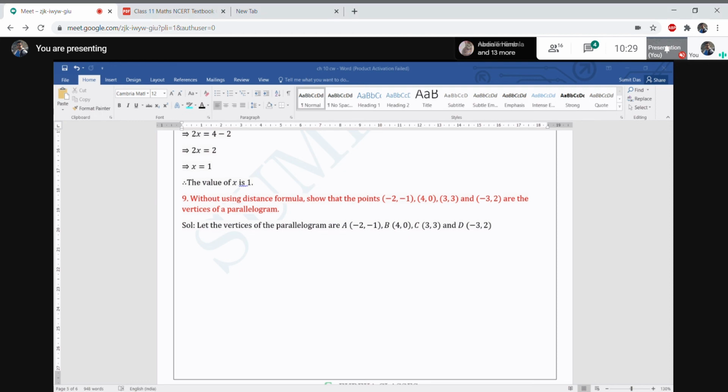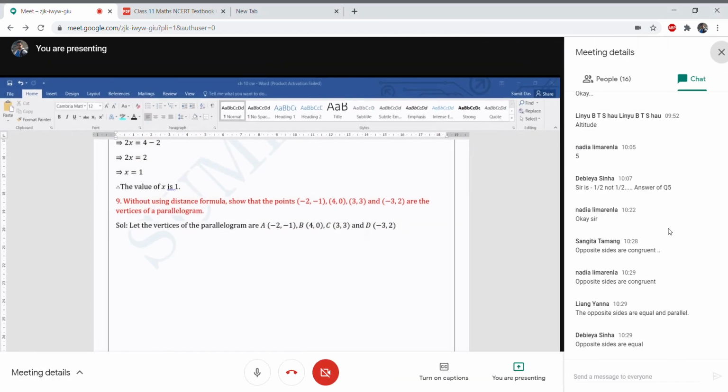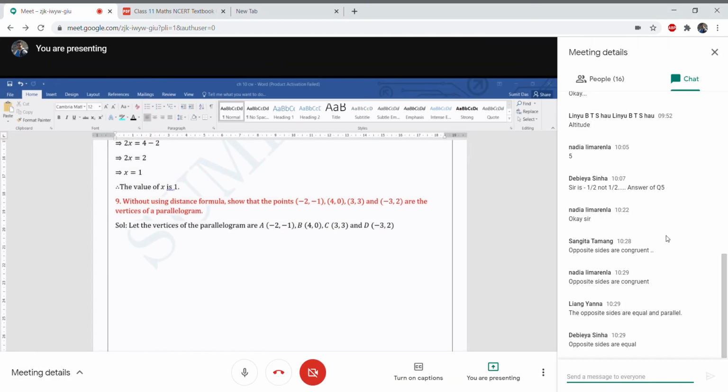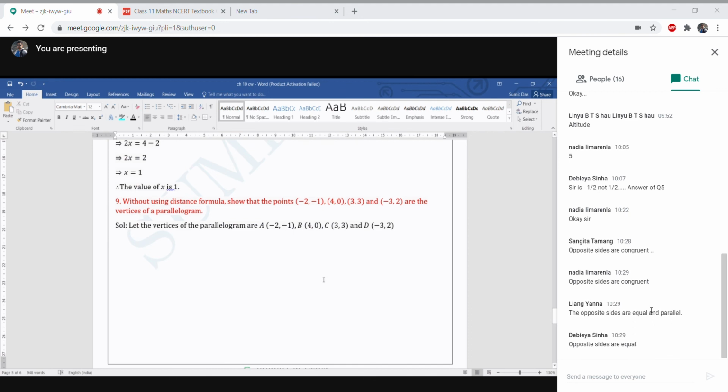Yeah, this is better. Parallel and equal. Opposite sides are equal and opposite sides are parallel. So we'll use this property that opposite sides are parallel. We know in a parallelogram opposite sides are parallel.